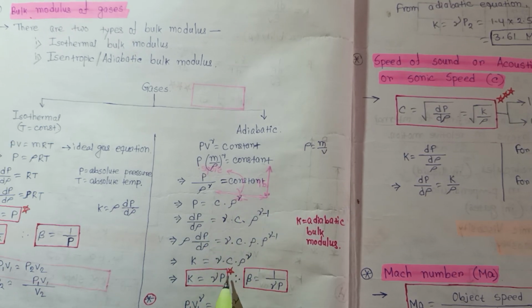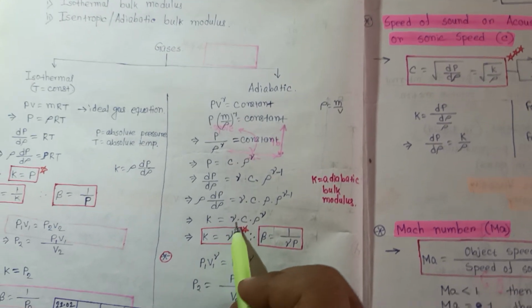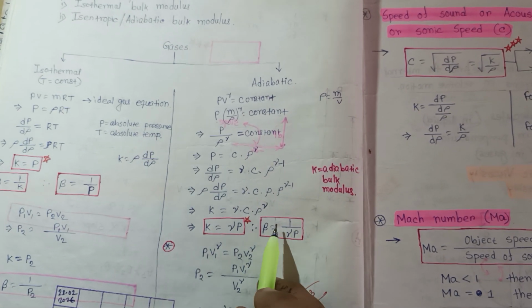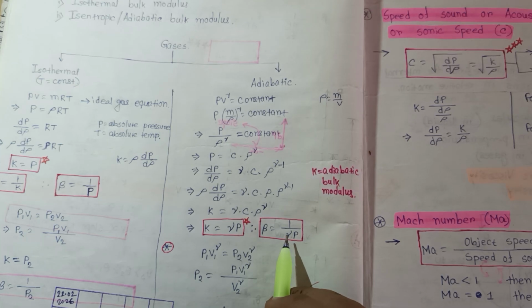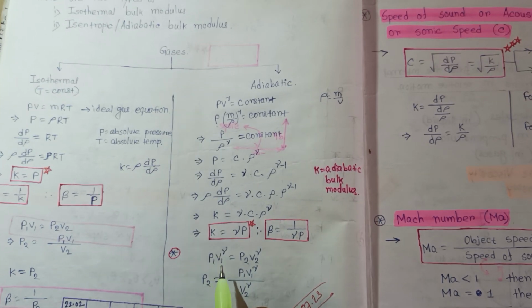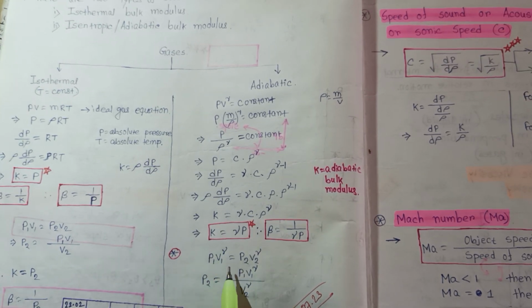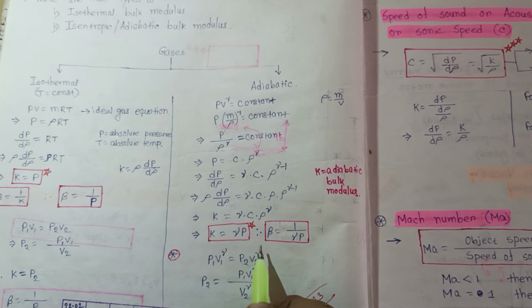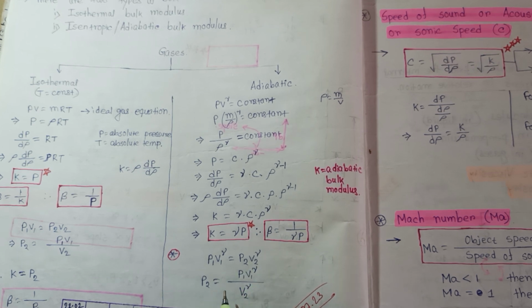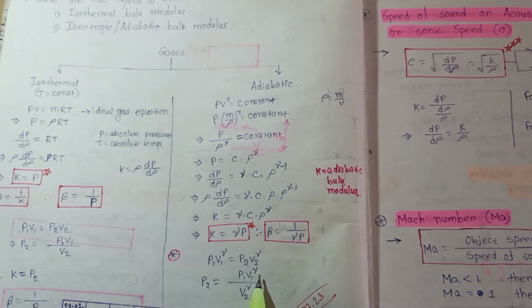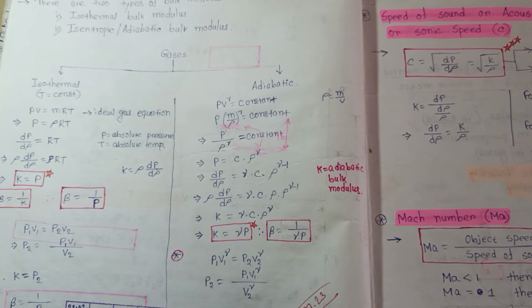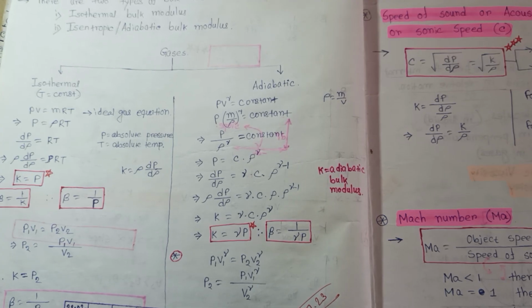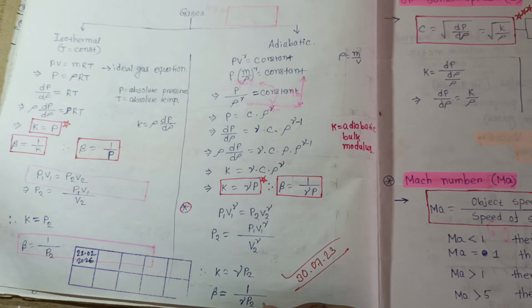If you want to calculate beta, that is 1 by the bulk modulus, so beta equals 1 by gamma P. For process 1 to 2, P1 V1 to the power gamma equals P2 V2 to the power gamma. So P2 equals P1 V1 to the power gamma divided by V2 to the power gamma. If K2 equals gamma P2, then beta equals 1 by gamma P2.